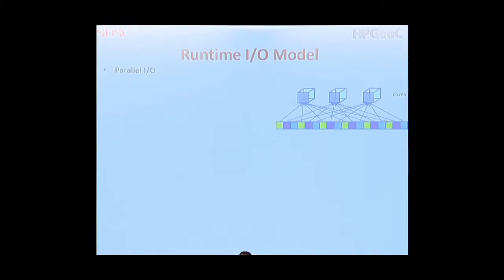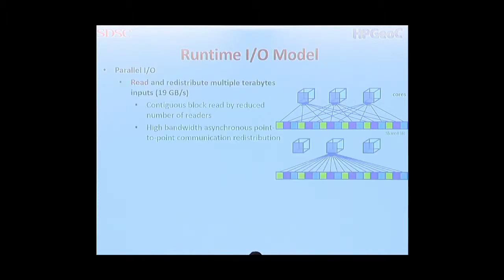I want to show you one example of how we handle parallel I/O at runtime. Typically the community data input is terabyte size, fragmented, and scattered, not in the right way. What we do is use contiguous block reads and point-to-point communication.